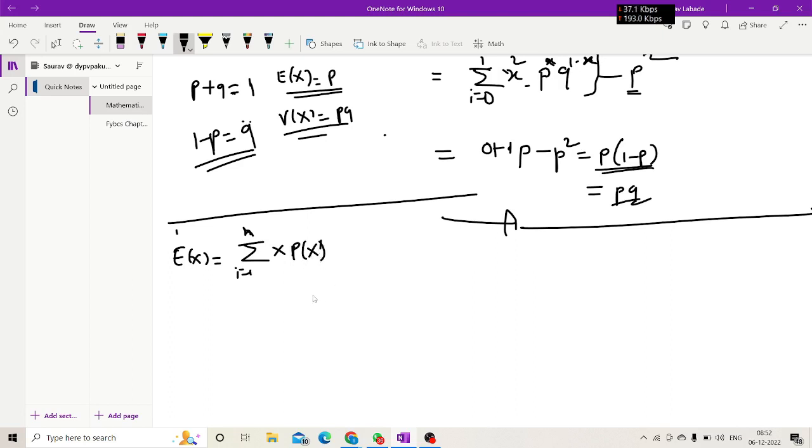Sorry, the range is from 0 to n, and not i, here I am taking the value x. So summation of x from 0 to n, x into, now what is my PMF?